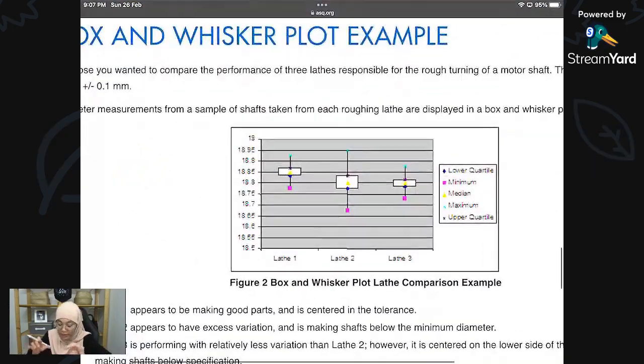So this is one graph. Okay, this is in the same graph. We got three box and whisker plots. You can see here, box and whisker 1 is much smaller, and box and whisker 2 is much bigger, and the third one is a little bit smaller than the first one.